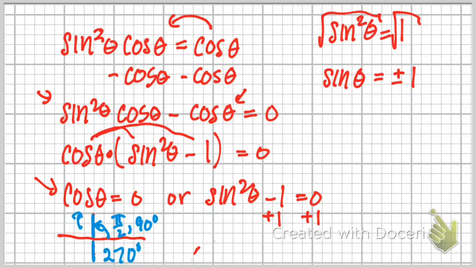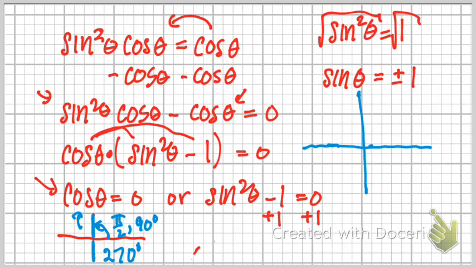So now I just do the same thing again. I just do my triangle here. And when I think of that triangle, all I'm doing now is saying, okay, this is either going to be a positive 1 or negative 1. So if I'm thinking of sine being positive or negative 1, where does that occur?